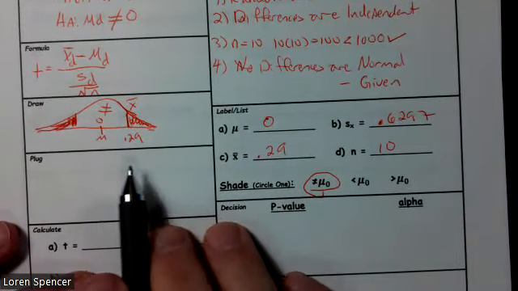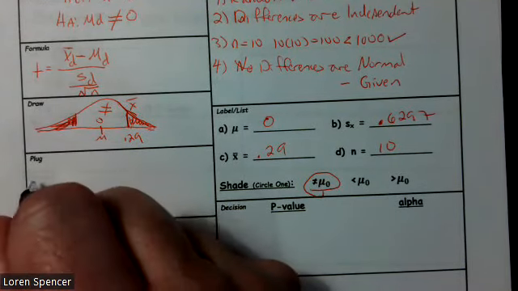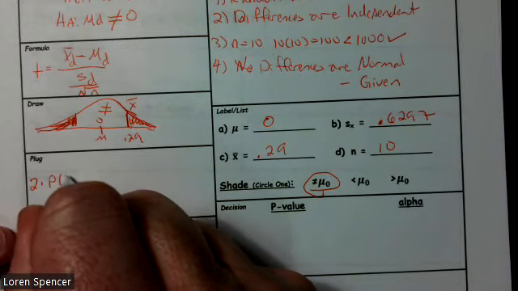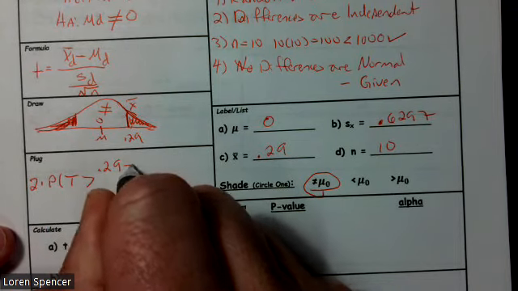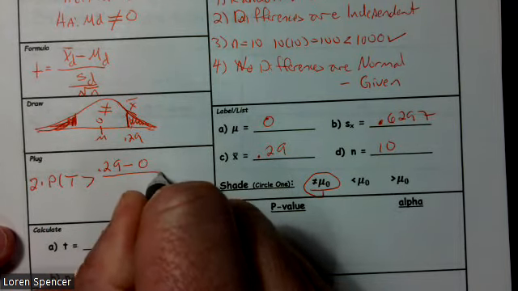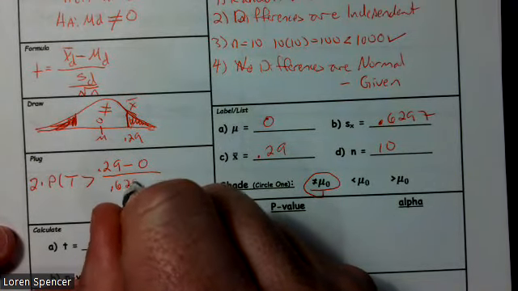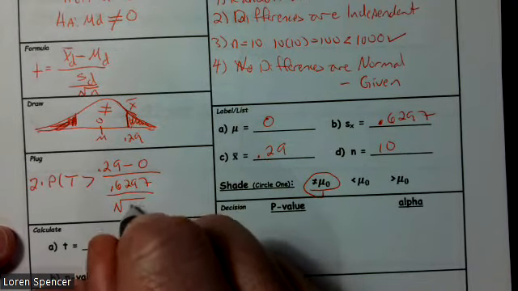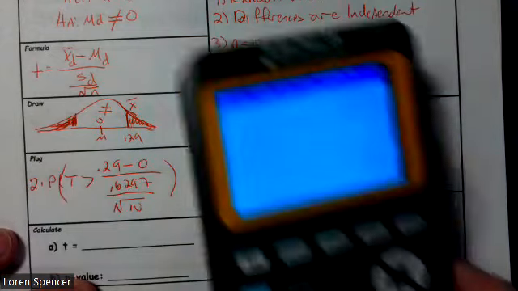Well, remember, when we are doing the plug, if it's a two-tail, we're going to have to multiply by 2. So 2 times the probability that t is greater than 0.29 minus 0 over our standard deviation of 0.6297 divided by the square root of 10. So let's take a look at that.